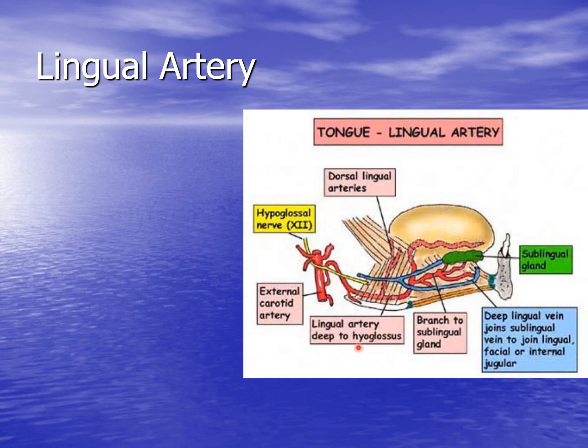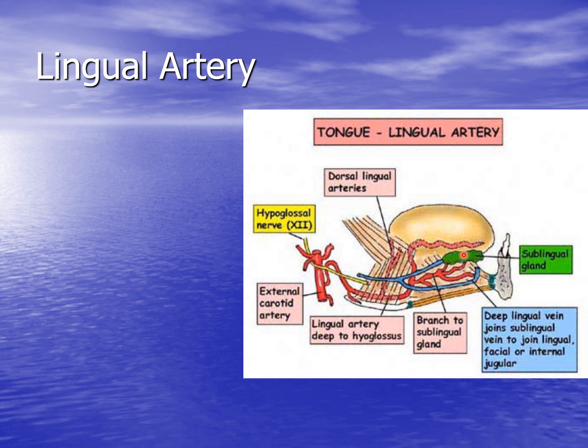The lingual artery here is a branch from the external carotid. This is the external carotid artery. This is the tongue. This is the hyoglossus muscle, which comes from the hyoid bone to the tongue. There is a gland just under the tongue.